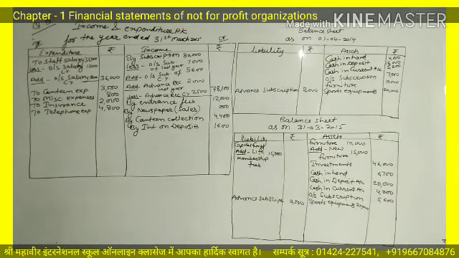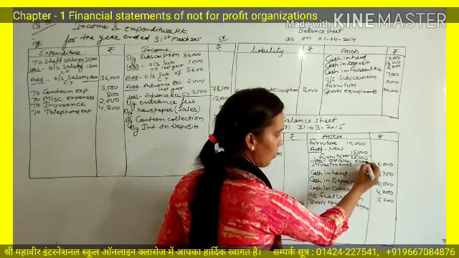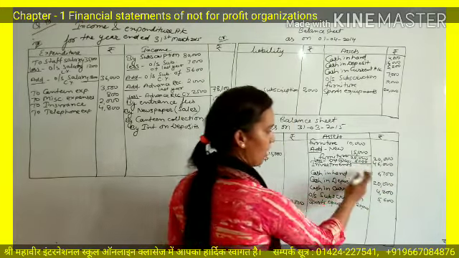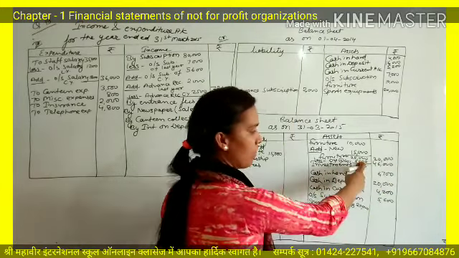So our total furniture is 25,000, less depreciation at the rate of 20%, that means 5,000. So the net amount of furniture is 20,000, and this 5,000 rupees depreciation will also be transferred to the income and expenditure account as depreciation on furniture.